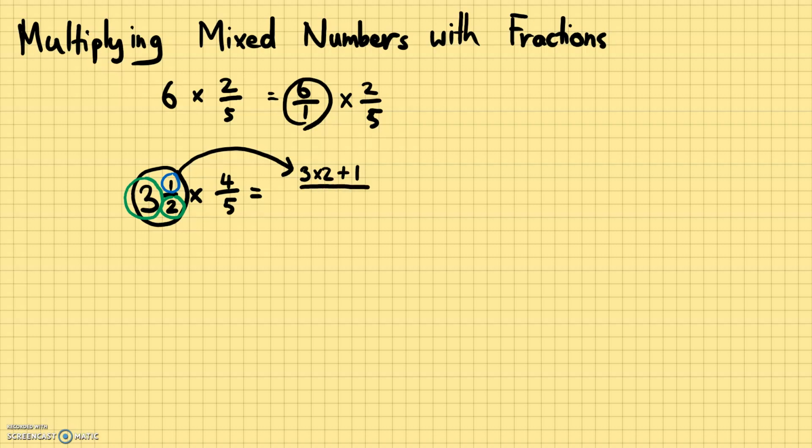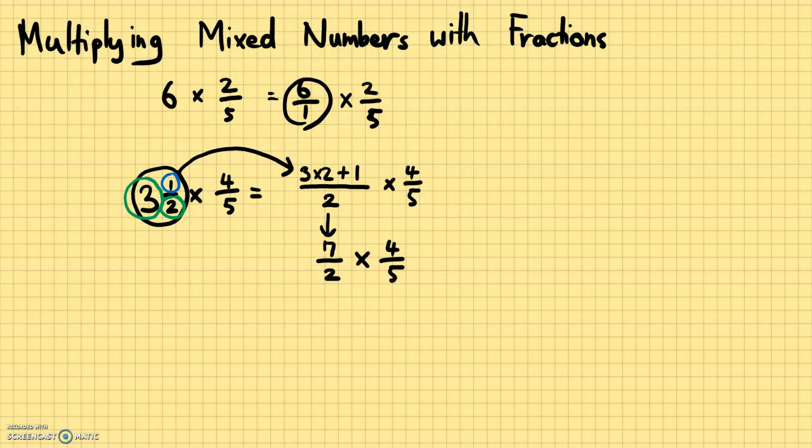The denominator stays the same. The denominator is still 2, times 4/5. So now this is going to be 3 times 2 is 6, plus 1 is 7. 7/2 times 4/5. Okay, so we've changed the mixed number to an improper fraction.